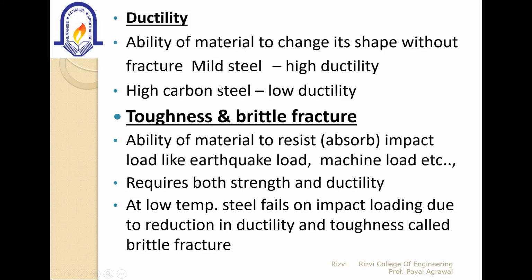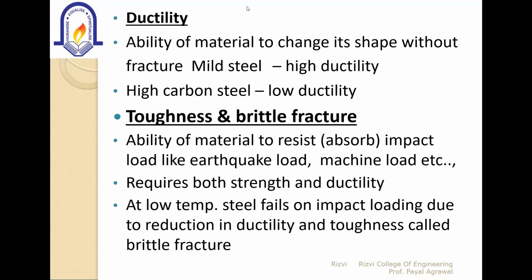When we are talking about toughness and brittle material, what does it exactly mean? What is toughness and what do you mean by brittle fracture? Ability of the material to absorb or resist impact loads. So what is brittle fracture?